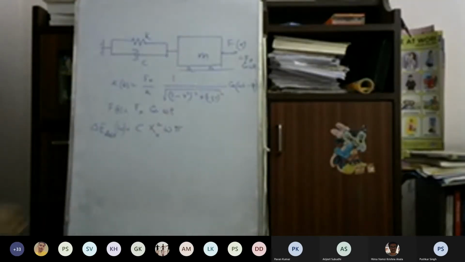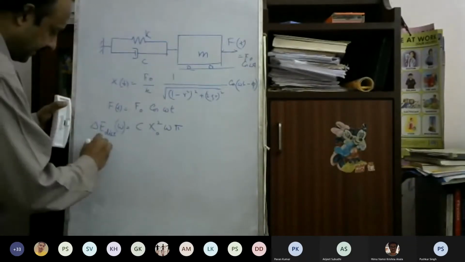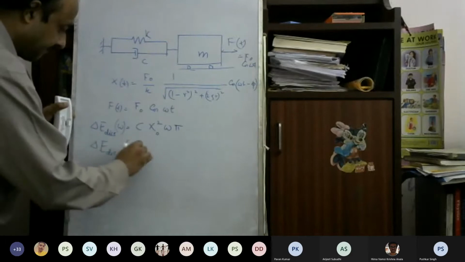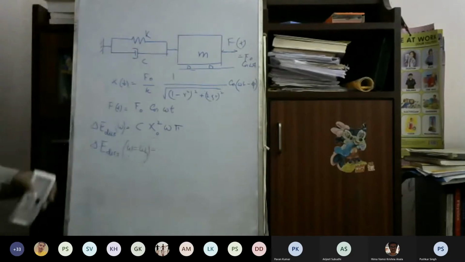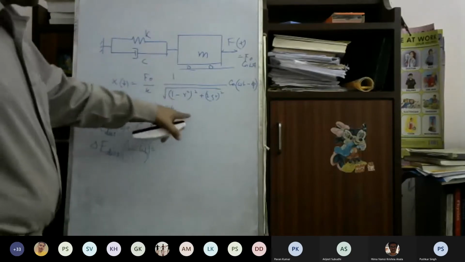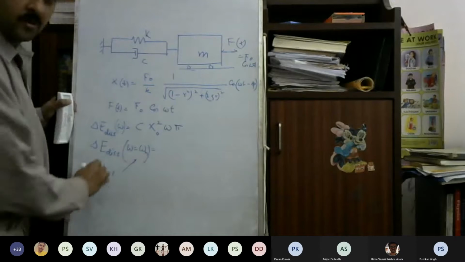Okay. So now what we find out is the energy dissipation at omega equal to omega n. Omega equal to omega n means that R equal to 1.